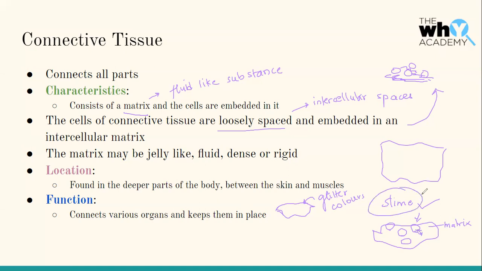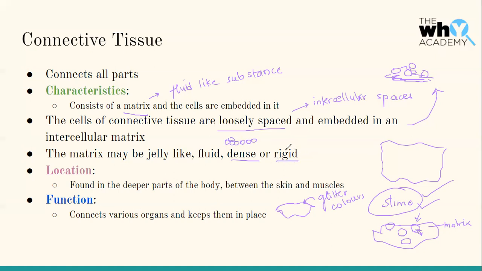Remember slime. Yes, so for example, the matrix may be jelly-like. It could be a fluid also. It could be dense. It could be rigid. Dense basically means that it does not have spaces, or it does not resemble a fluid at all. It is tightly packed, or it has particles, something like slime. It's dense. Rigid would be it's not flexible.